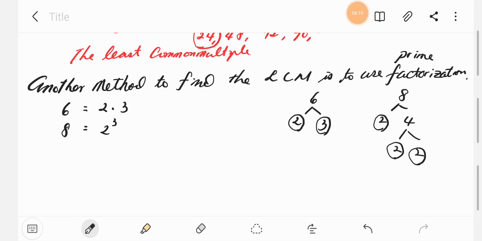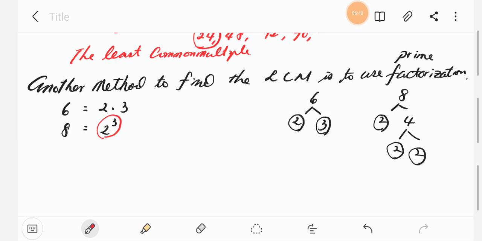After we do the prime factorization, we select the factor that has the highest power. So we circle the highest power of each prime factor. Here is a prime factor 2, and here is another 2, but this 2 has power 3, so this one has the highest power.